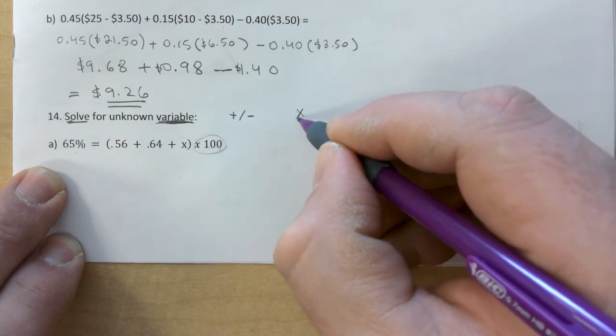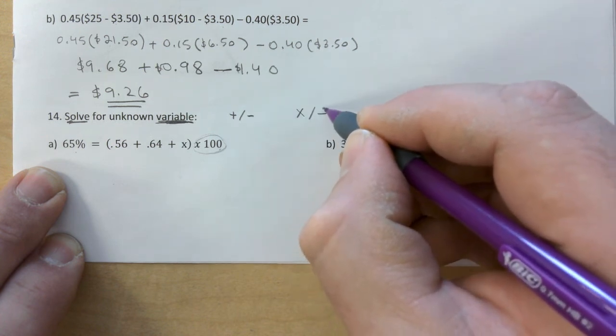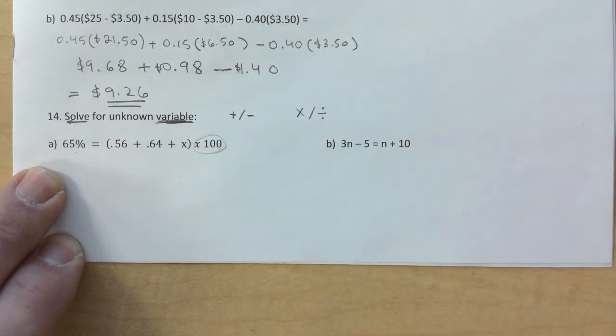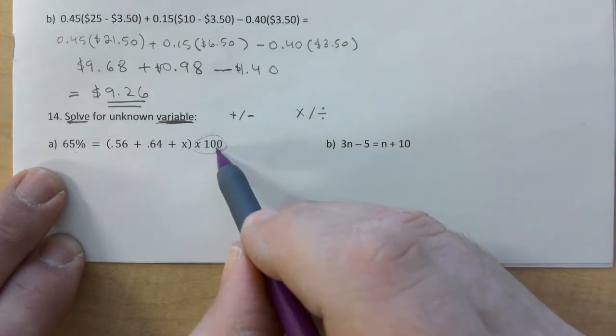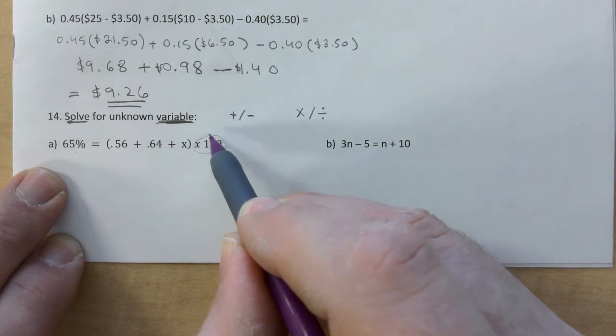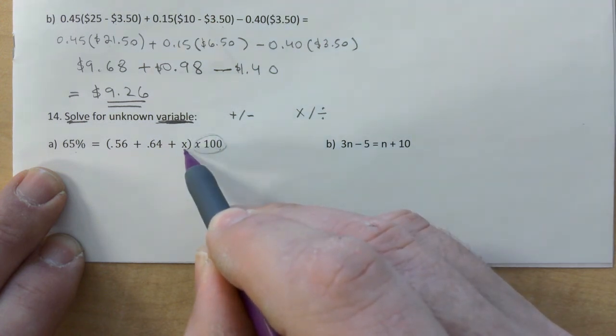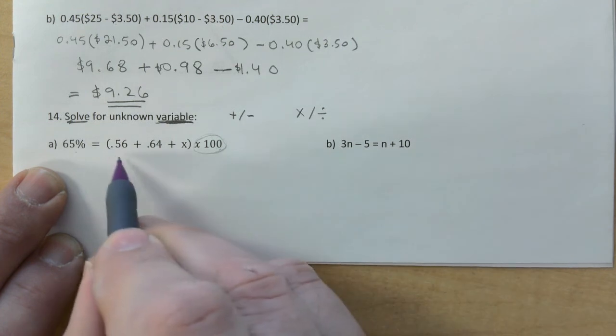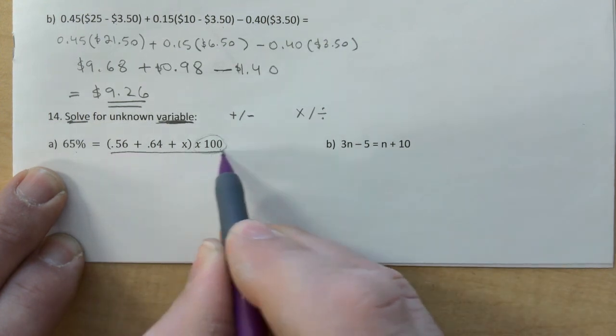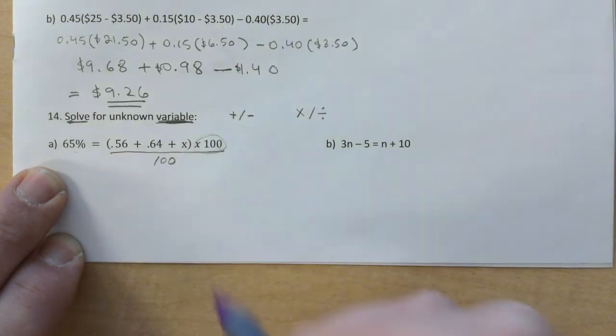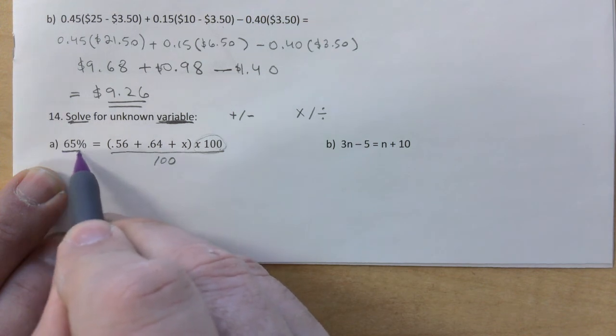The inverse of multiplication would be division. They're opposite operations. We're going to slowly remove stuff that is surrounding x. So we're going to divide this side by 100, and we're going to divide this side by 100.